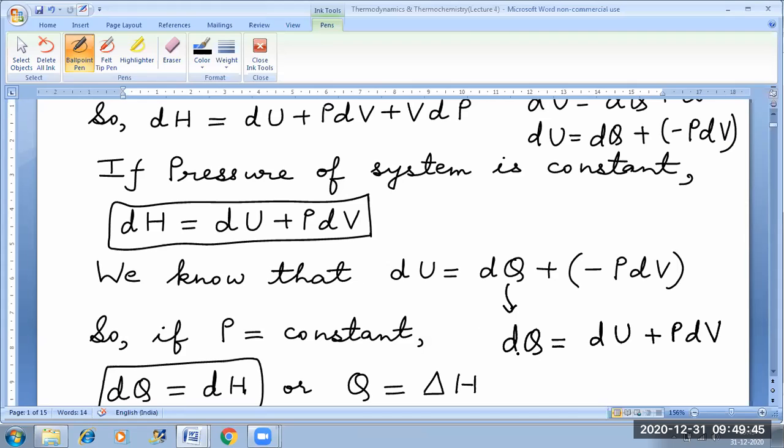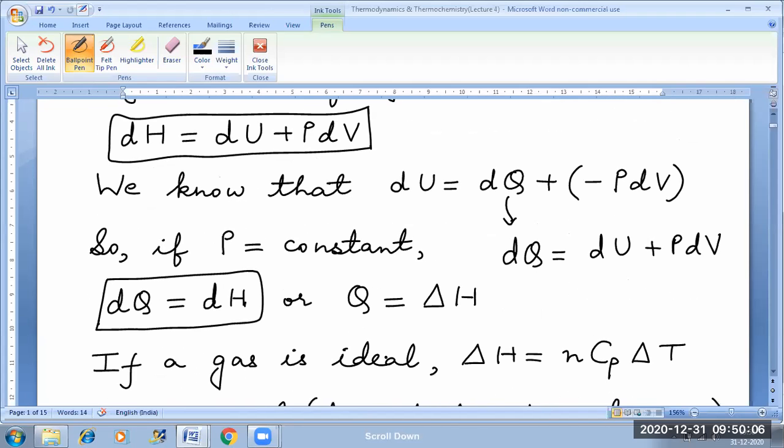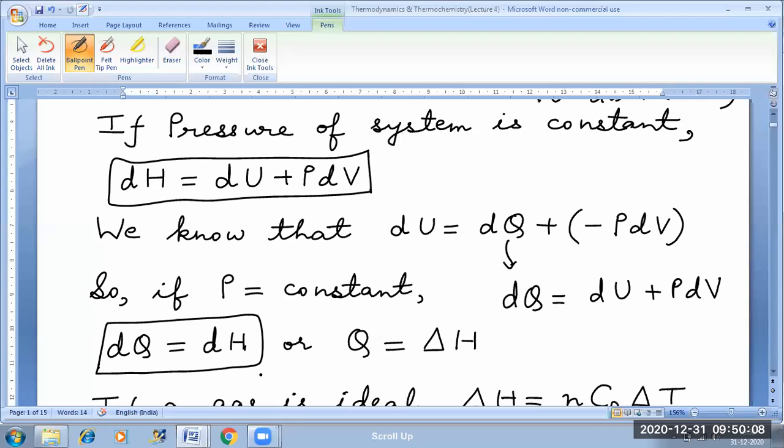So dH is same as dq if pressure is constant. dH is nothing but dq if pressure is constant. So if pressure is constant, I can say that dq is equal to dH or q is equal to delta H.